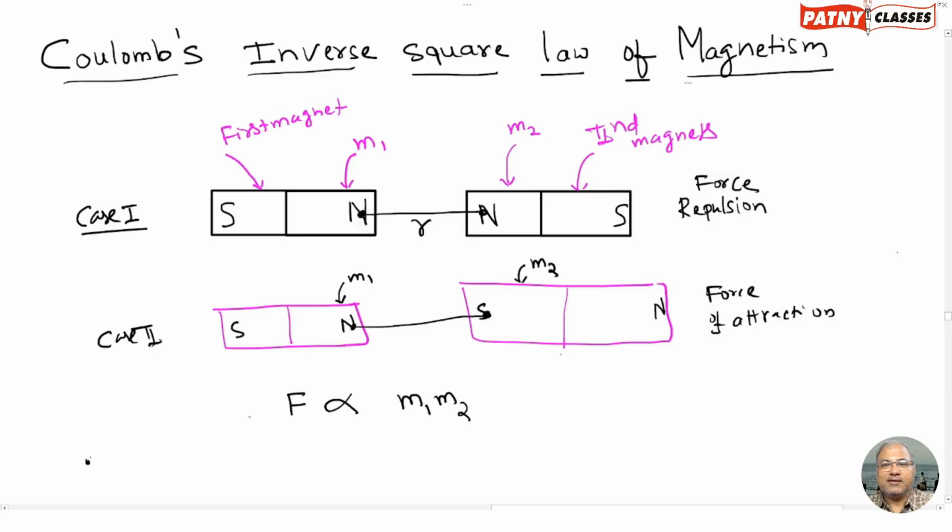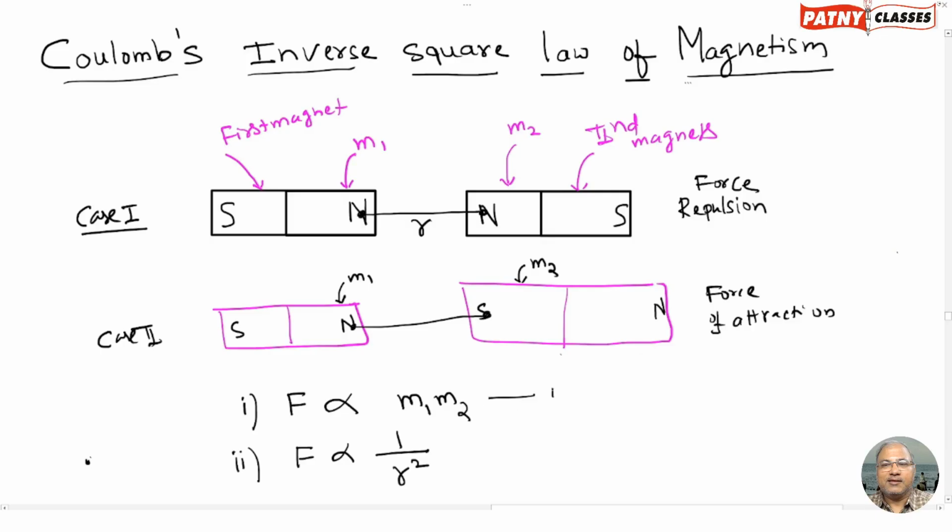So we say the force of attraction or repulsion is directly proportional to the product of pole strength. And second, this force is inversely proportional to the square of the distance between them. As the distance is decreasing, the force will be increasing. It is valid for both cases, for repulsion as well as for attraction.